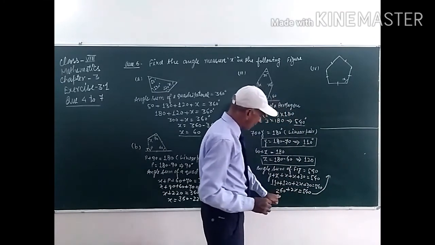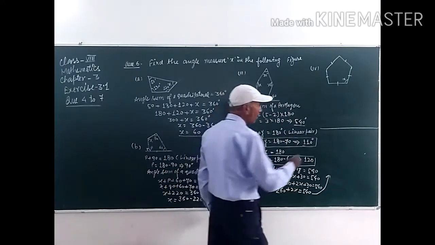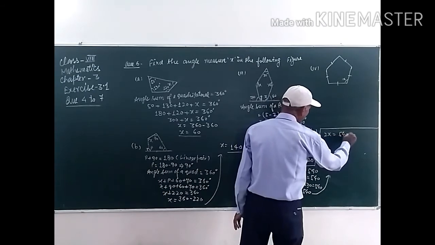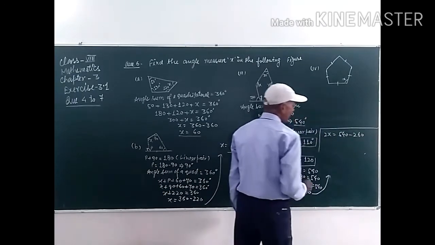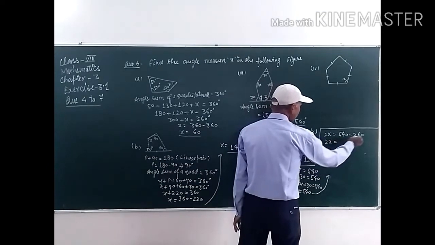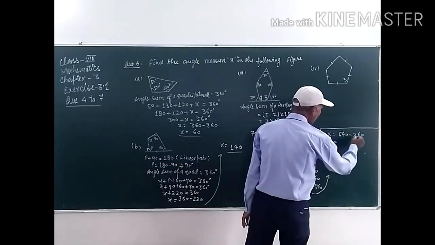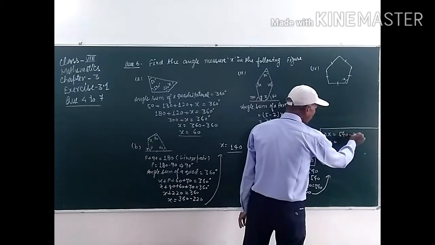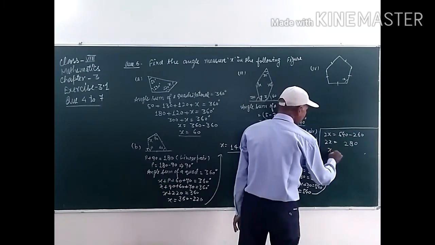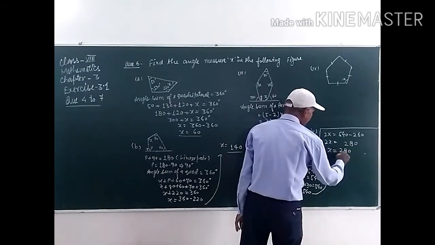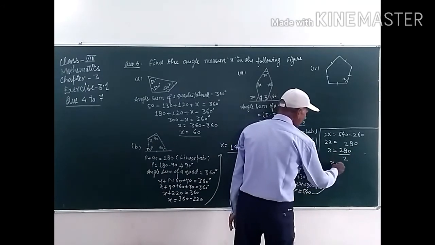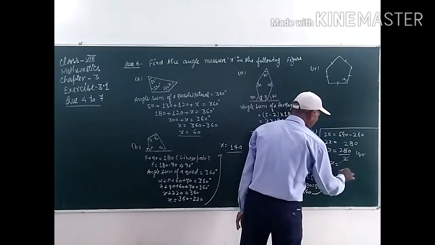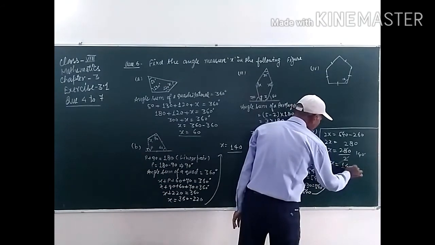So 260 plus 2x is equal to 540. So 2x is equal to 540 minus 260, that is 280. x is equal to 280 divided by 2, so x is equal to 140 degrees.